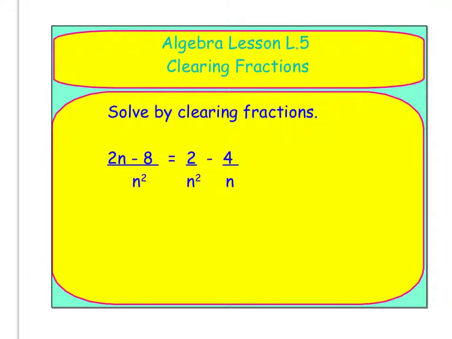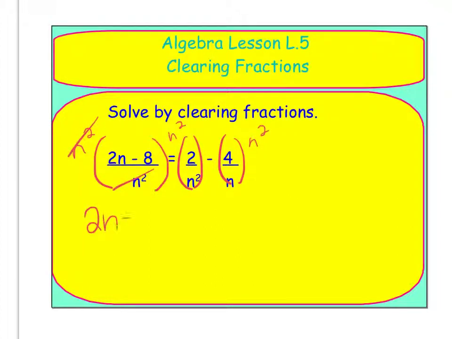The next one, our common denominator between n squared and n would be n squared. So we're going to multiply all terms by n squared. The n squareds cancel off on the first one, you're left with 2n minus 8. The n squareds cancel off on the second one, you're left with 2. I can cross off one of the n's, so I'm going to cross off one of the n's here, and 4 times n would give us 4n.